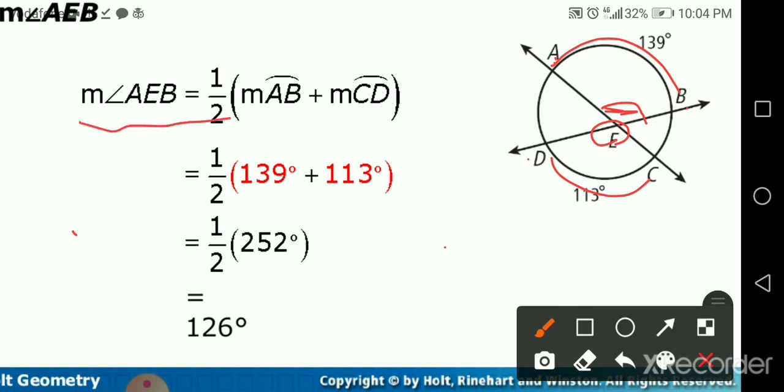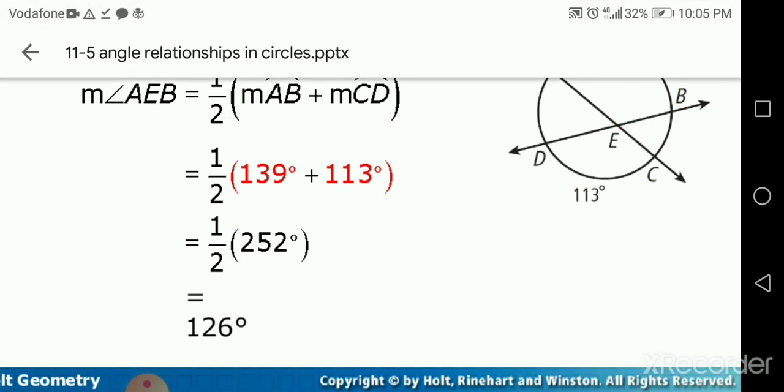So the measure of angle AEB equals half of arc AB plus arc CD. I will substitute 139 for AB and 113 for DC, add them gives you 252, half of 252 gives you 126.